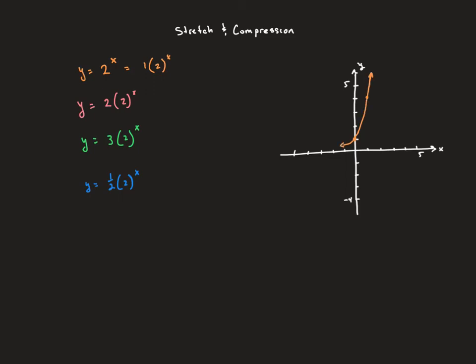Now, in essence my outputs, when I look at this next one, 2 times 2 to the x power, are going to be multiplied by 2. So here, when x was 0, my function was 1. Here, when x is 0, y is going to be 2.